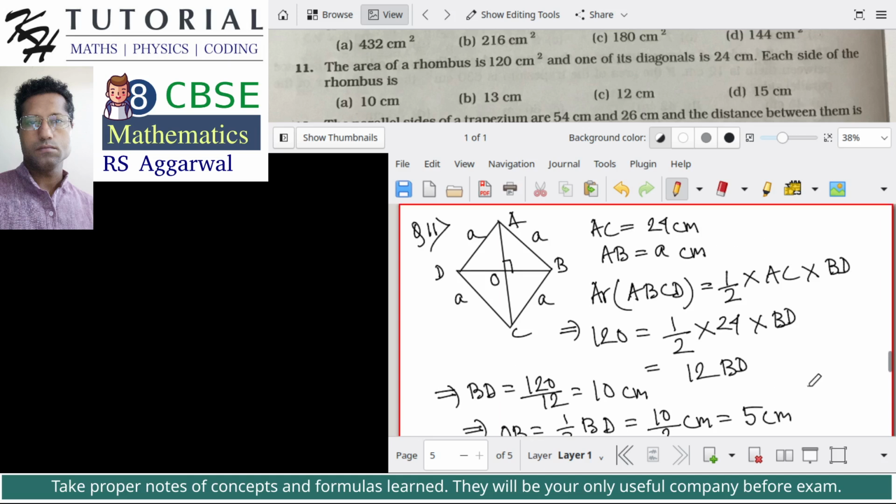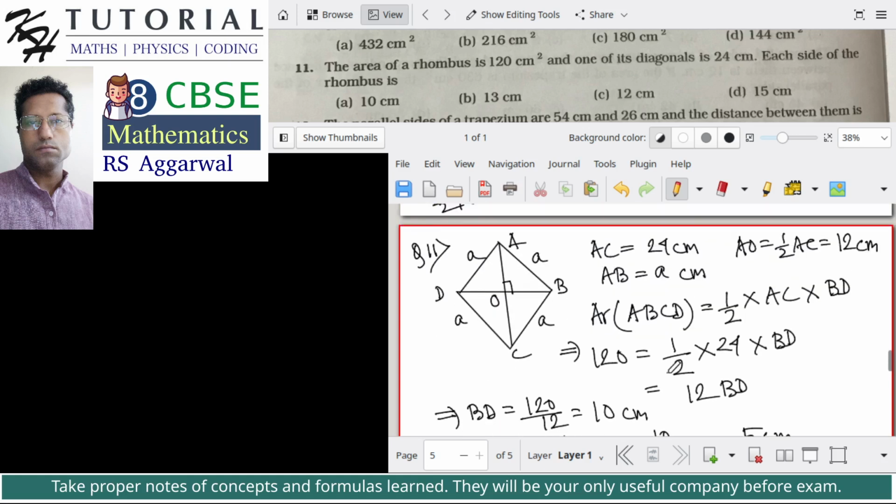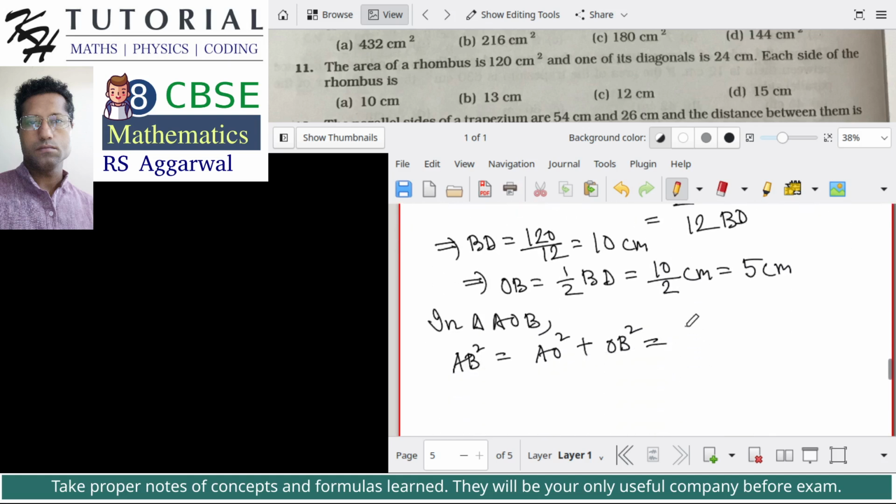So in the right angle triangle AOB, we know what is AO. AO will be half of AC, which is 12 centimeter. And we also know OB is 5 centimeter. So using Pythagoras theorem, we can easily find AB. So in triangle AOB, AB square is equal to AO square plus OB square, which is equal to 12 square plus 5 square.